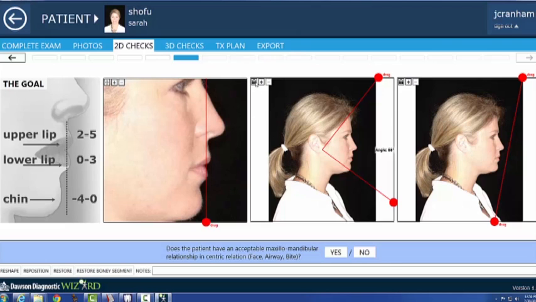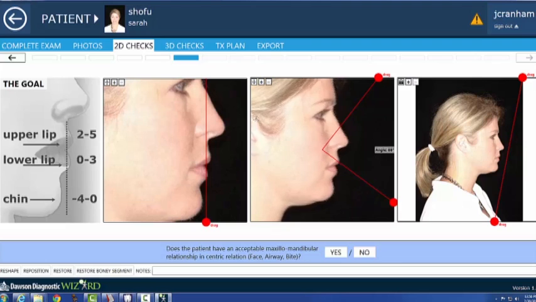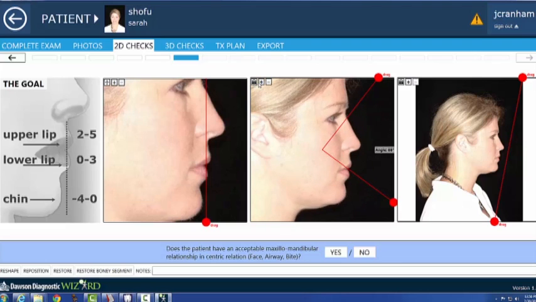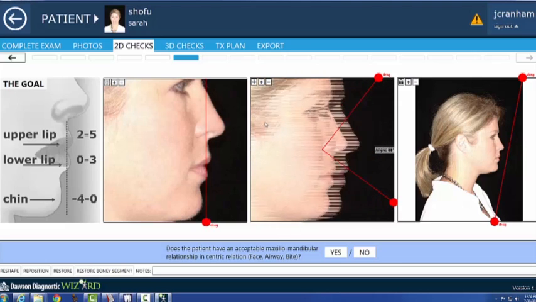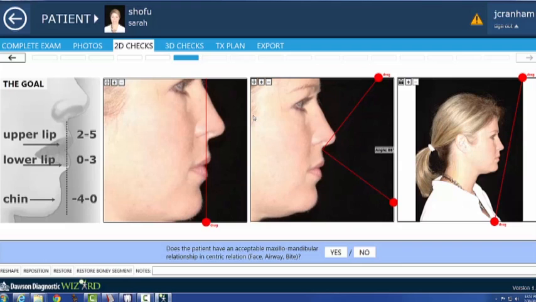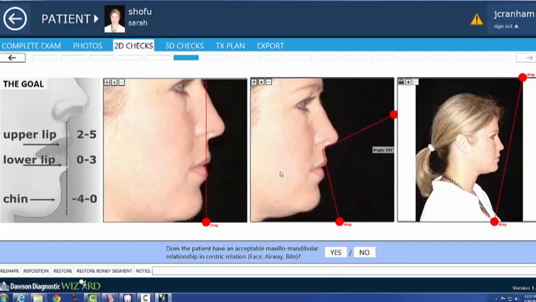The next thing we're going to look at is the nasolabial angle. We're going to get a little closer so that we can put the tip of our measuring tool right on the base of the nose, and then orient these little balls such that we can see this nasolabial angle ideally.